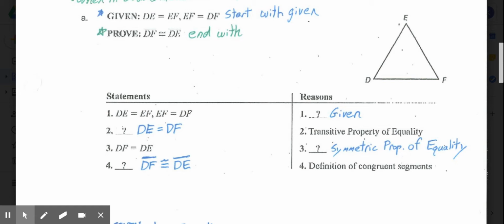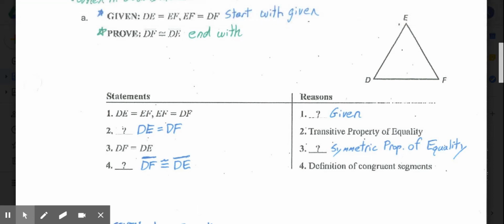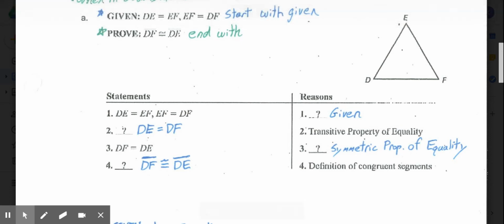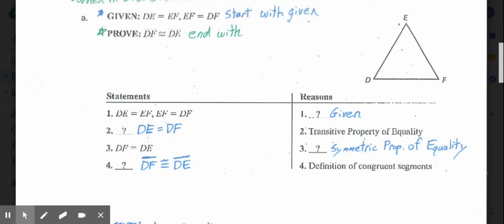For statement 2, they gave us the reason of the transitive property of equality. I know the transitive property of equality is the one that allows me to say if A equals B and B equals C, I can drop B from the middle and A equals C. In this case, if DE equals EF and EF equals DF, the transitive property allows us to say DE equals DF.